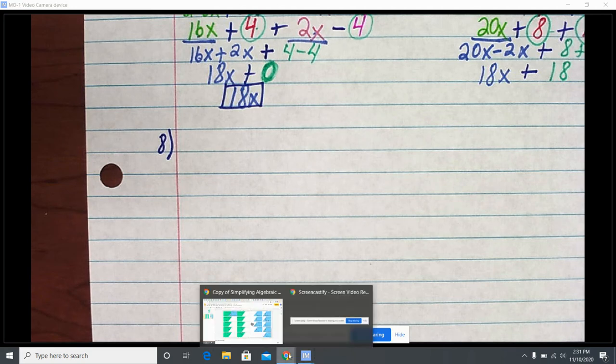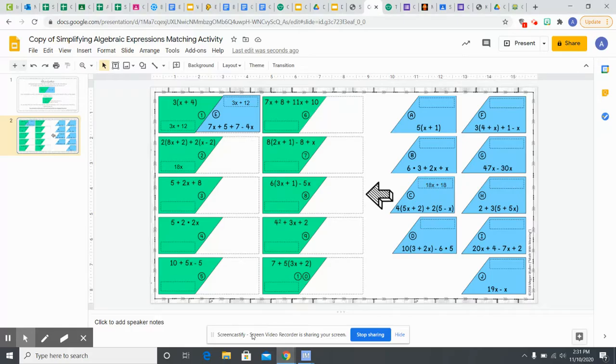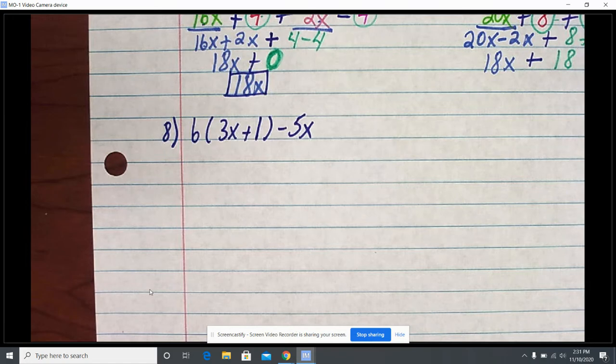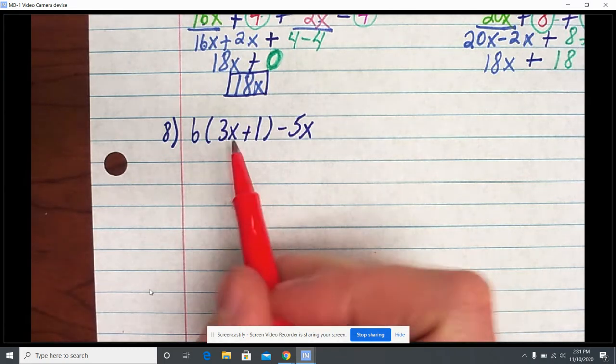Alright, number 8. That's 6 parentheses 3x plus 1 minus 5x. Okay. So, work on distributive property first.